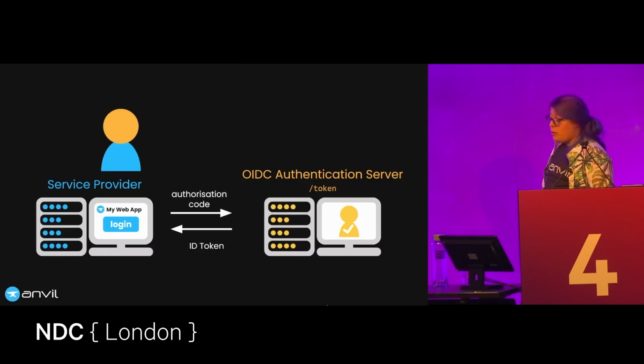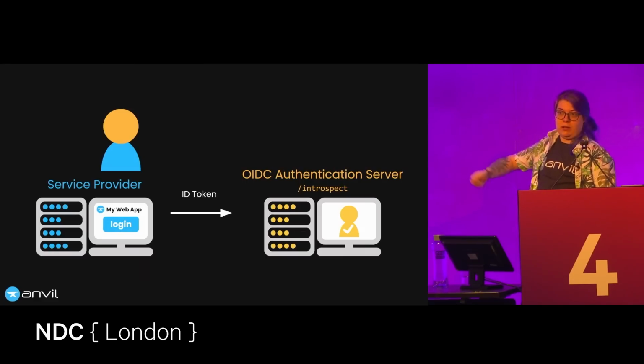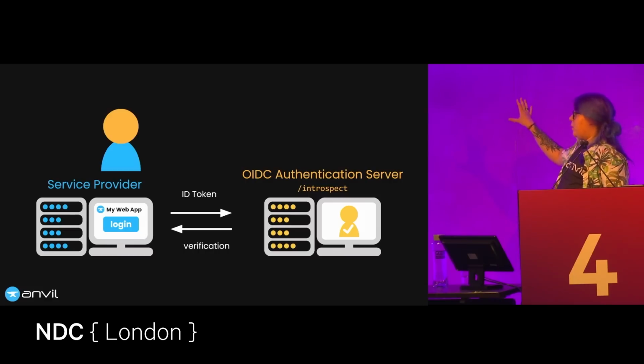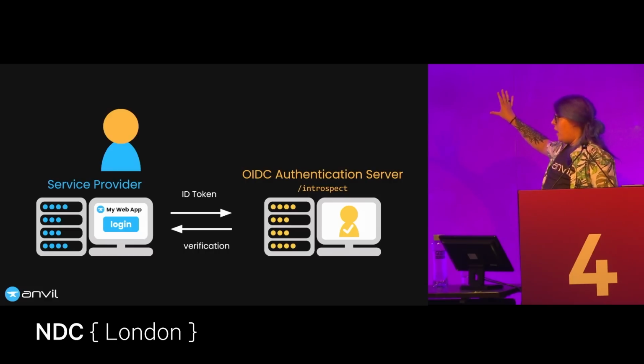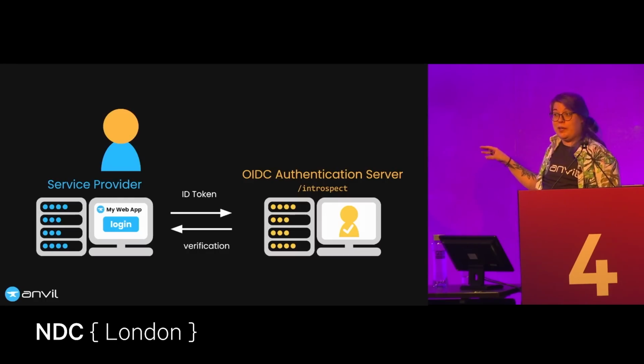If it does want to do any extra verification, it can send that ID token back to an introspect endpoint and say, well, I've got this ID token. Who is this person? Tell me more about them, give me their email and stuff. And the OIDC authentication server will not only give information if the service provider has requested it, but it can also verify that that token is legitimate.